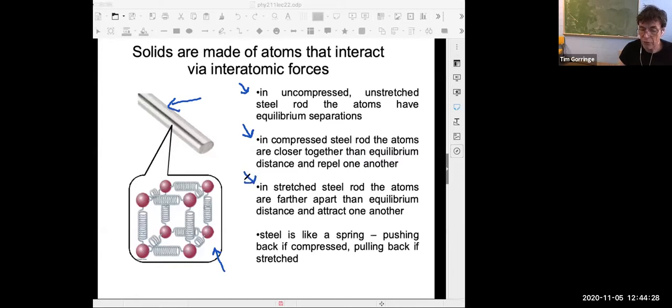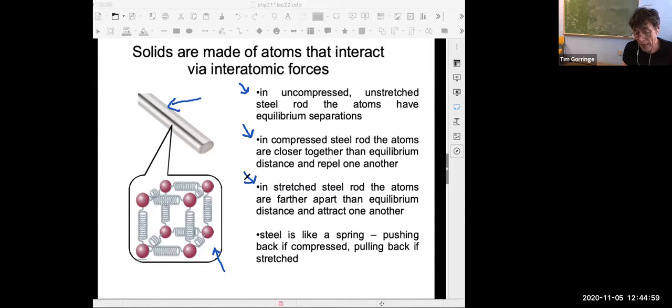So the same thing would happen if I tried to stretch that steel rod. If I stretch the steel rod, I'm pulling apart the atoms and molecules inside the steel rod. And the interactions, the atomic molecular interactions between, or forces between those atoms and molecules of the steel rod will pull back towards the equilibrium separation.